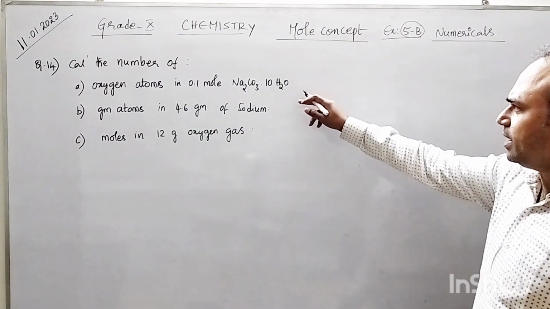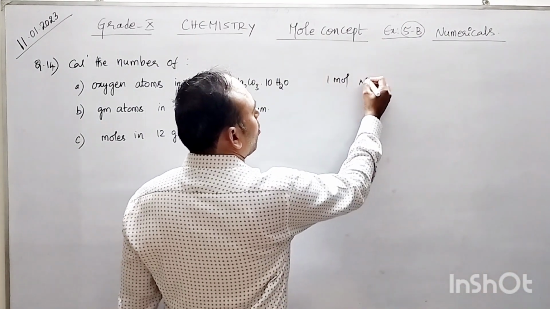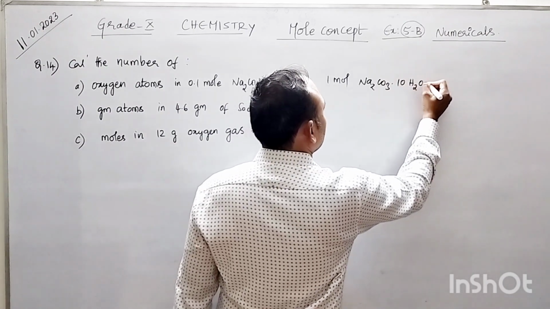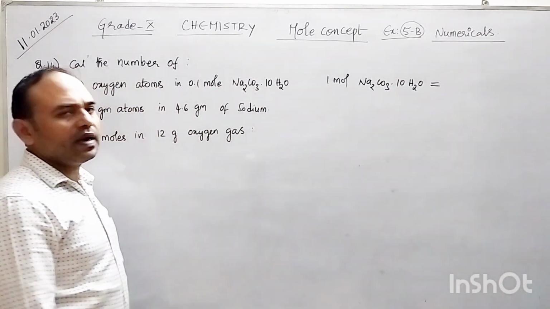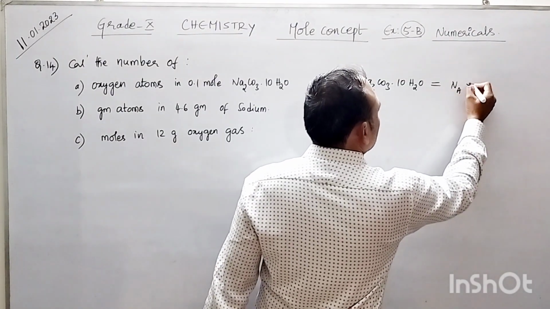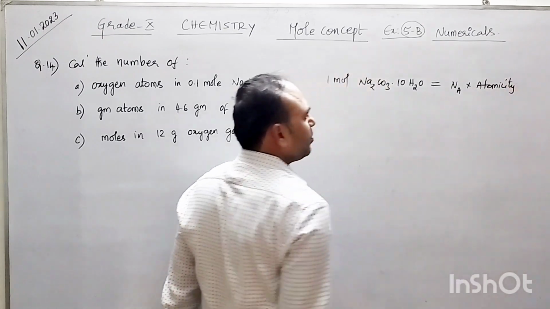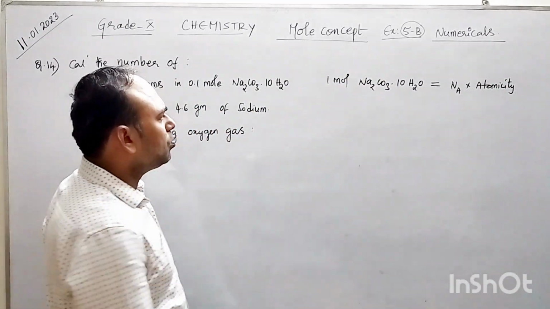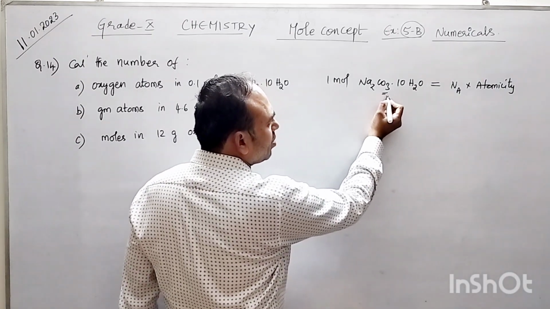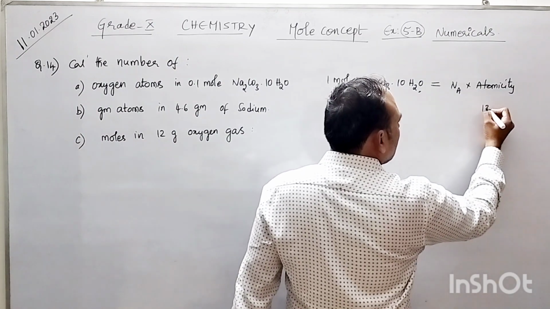Here, consider 1 mole of Na2CO3 dot 10H2O: how many oxygen atoms are present? See, you know Avogadro number into the number of atoms, that is atomicity. Now for this we can identify here: we have 3 oxygens and here 10. So totally the atomicity will be 13 atoms.